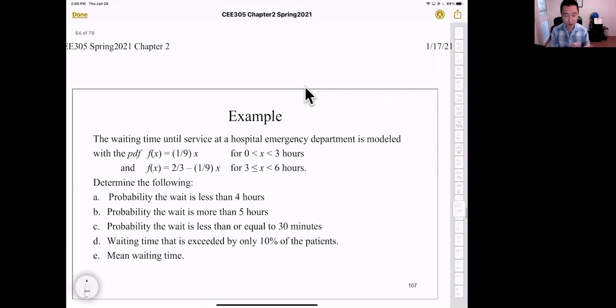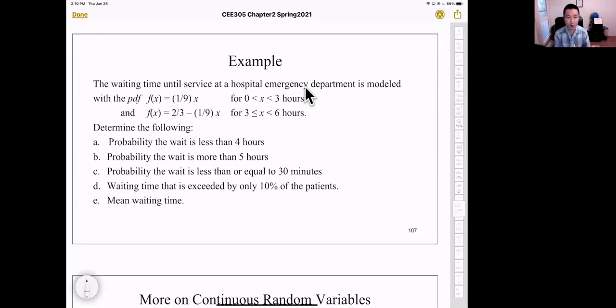To calculate the probability is very straightforward. We do integration of f(x). It's just pure math. Let's do an example together.